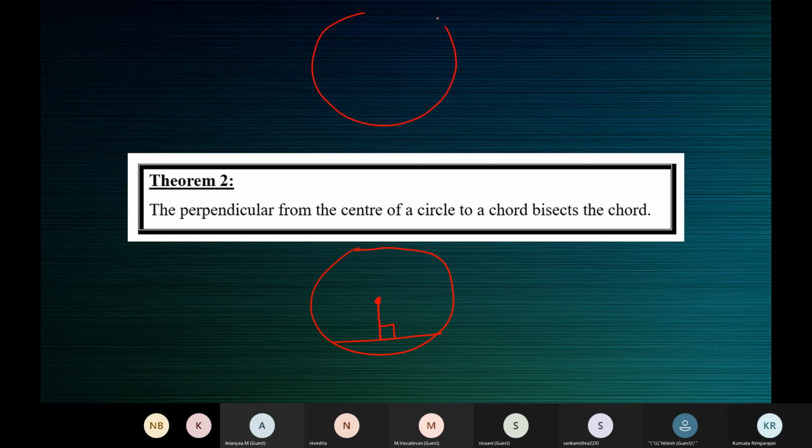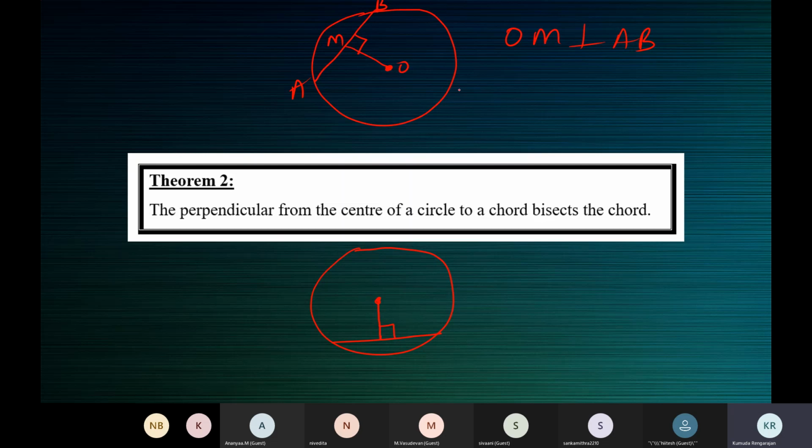So if you call this chord AB and this one OM, it's given that OM is perpendicular to AB.